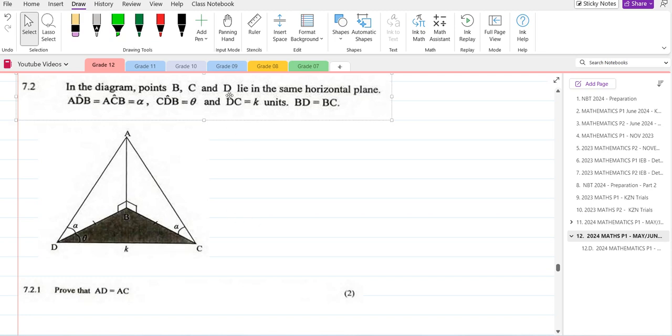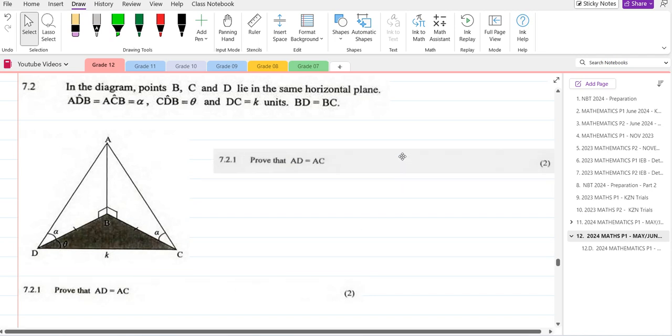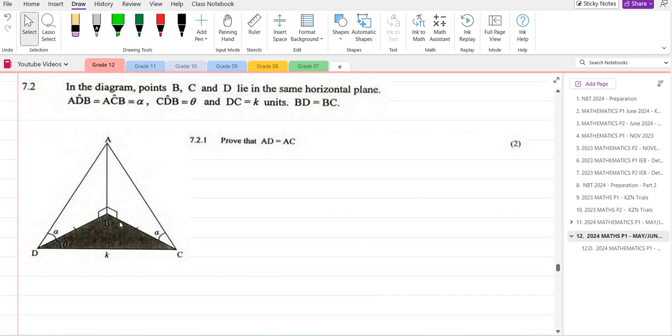Right, so next problem, we have a diagram here and we want to prove that AD equals AC. In the diagram, points B, C, D lie in the same horizontal plane, is usually shaded, right? Angle ADB and ACB is equal to alpha, is given. CDB is equal to theta. B is right here, okay?